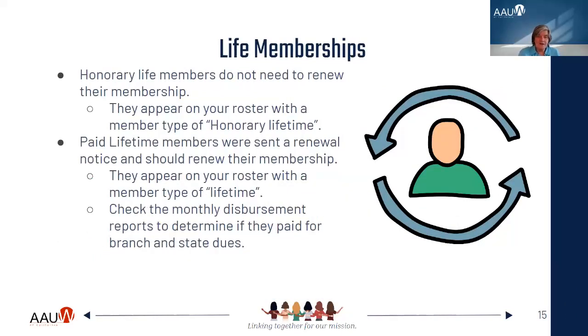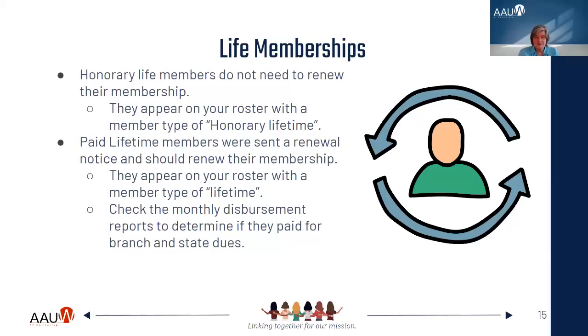So Rolly has already given us a little bit of introduction to life memberships. And there are 2 kinds of life members: the ones that have been a member consecutively for 50 years, who do not need to renew their membership and will appear on the roster with a member type of honorary lifetime membership. That is distinct from those that have paid an amount to cover their national dues for the rest of their life. They were sent a renewal notice and should renew their membership.